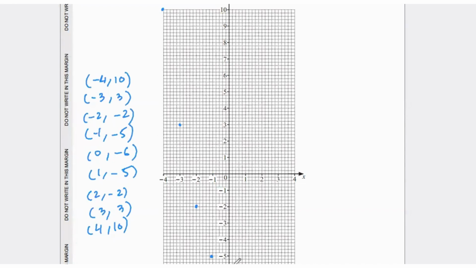When we have 0, negative 6. Then 1, negative 5. 2, negative 2. 3, 3. And 4, 10. So this is okay.